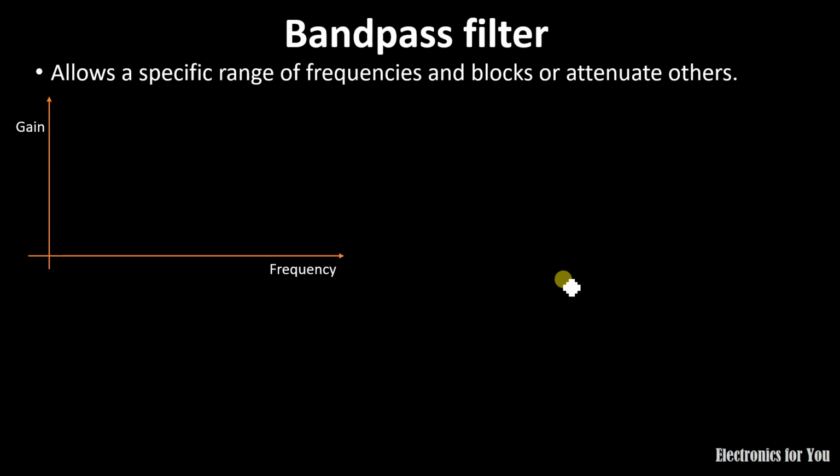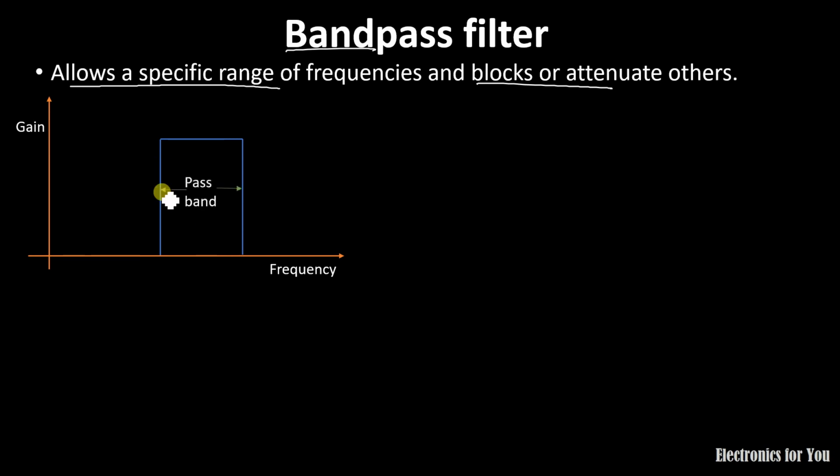Then move toward the band pass filter. As its name is band pass, it means it will allow a specific range of frequency and block the others. So this is the range of frequency which is allowed, and as it is allowed, it is the pass band, and this range of frequency is blocked.